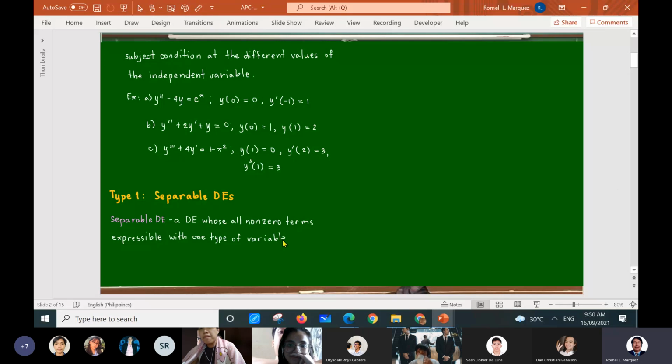That means, let's say the variables are x and y, we can separate all the x from the y. Is that clear?